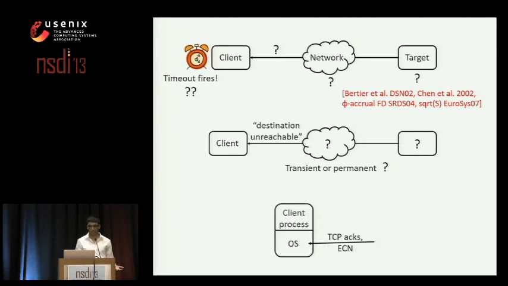Or consider TCP congestion control signals like TCP acknowledgements or explicit congestion notification. Even though these signals are an effective mechanism to detect congestion, they are hidden from the applications, as they are delivered to a layer below the application. So why do these existing mechanisms and abstractions hide fine-grained information about failures?